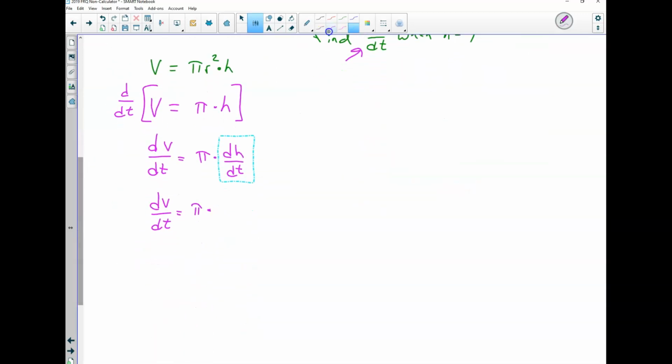So dV/dt will equal negative pi over 5. It's going to equal negative pi over 5.